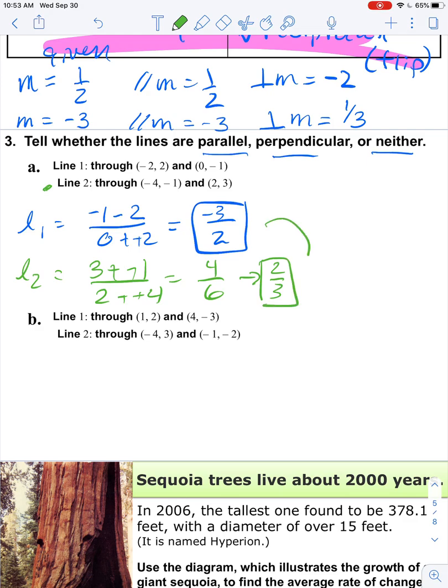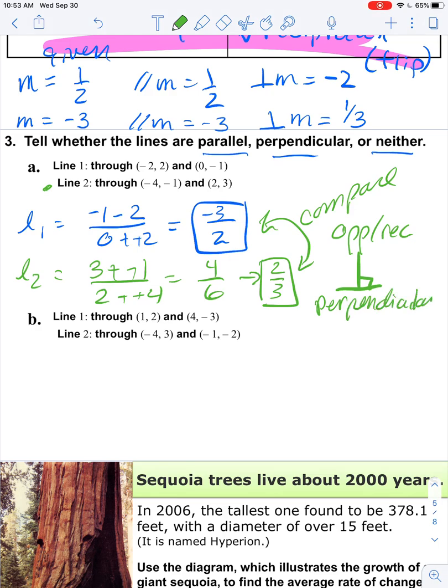So that turns into 4 over 6, which reduces to 2/3. Well, they're clearly not equal, so I know it's not parallel, but they are opposite reciprocals, and since they're opposite reciprocals, that makes them perpendicular. So my answer to this first one is that these two lines are perpendicular.